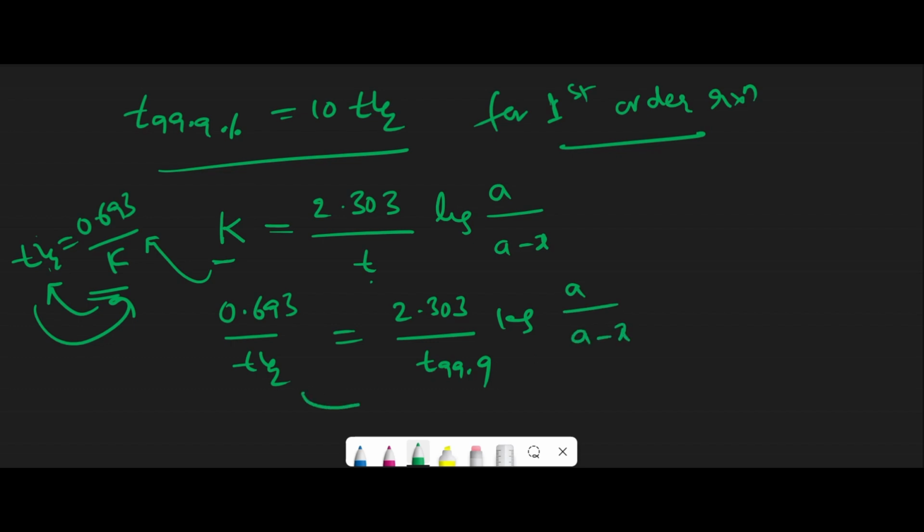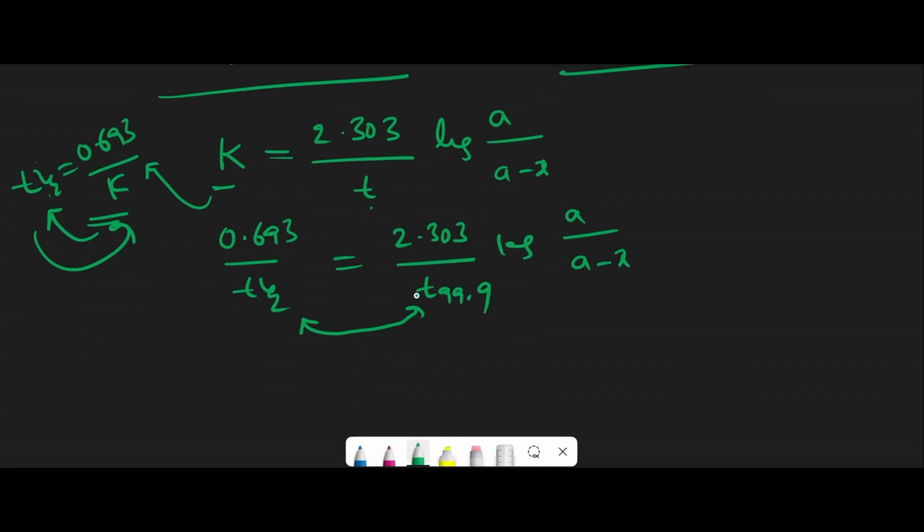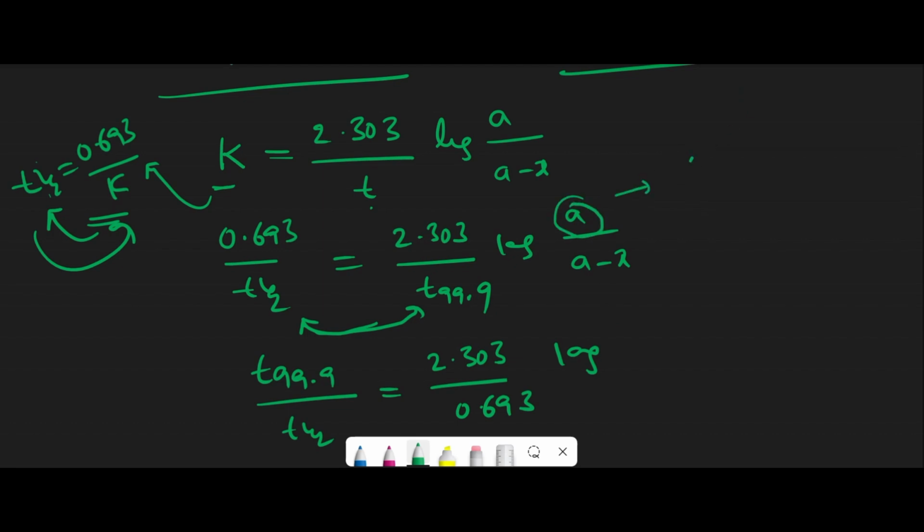We need to observe the relation between these two. Changing the variables, t 99.9 divided by t half is equal to 2.303 divided by 0.693 log a by a minus x. Here I am assuming a, the initial concentration, is 100%, whatever the amount is.